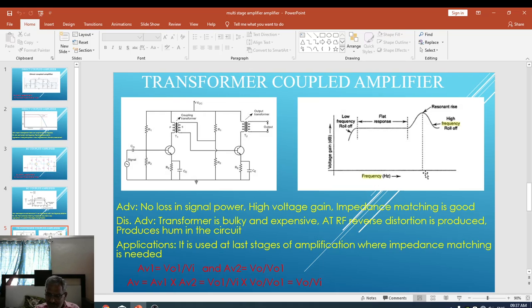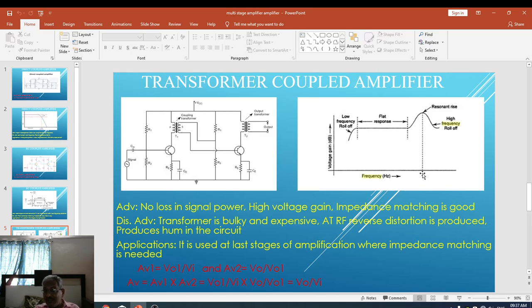So this is the particular frequency at which resonance takes place. At this frequency, the inductance of the primary winding of the transformer and the interwinding capacitance formulate a frequency f equal to 1 upon 2 pi root LC. When that frequency becomes equal to the input frequency, resonance takes place in the circuitry, and that's why we obtain the resonating frequency.